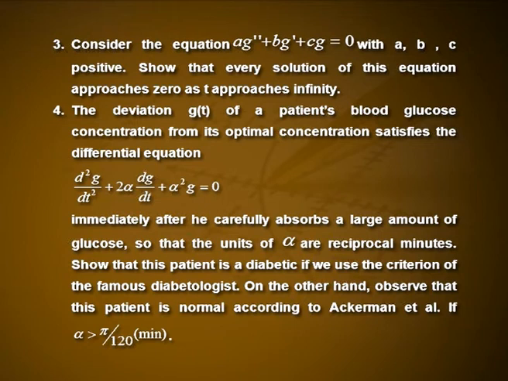Fourth one, the deviation G of t of a patient's blood glucose concentration from its optimal concentration satisfies the differential equation d square G by dt square plus 2 alpha dG by dt plus alpha square G is equal to 0 immediately after he fully absorbs a large amount of glucose, so that the units of alpha are reciprocal minutes. Show that this patient is a diabetic if we use the criterion of the famous diabetologist. On the other hand, observe that this patient is normal according to Ackerman et al. if alpha is greater than pi by 120 minutes.